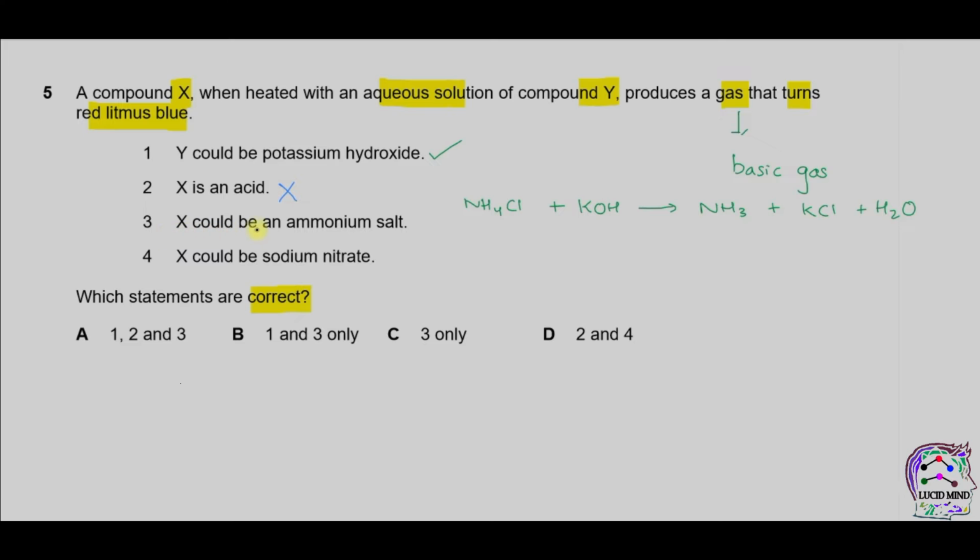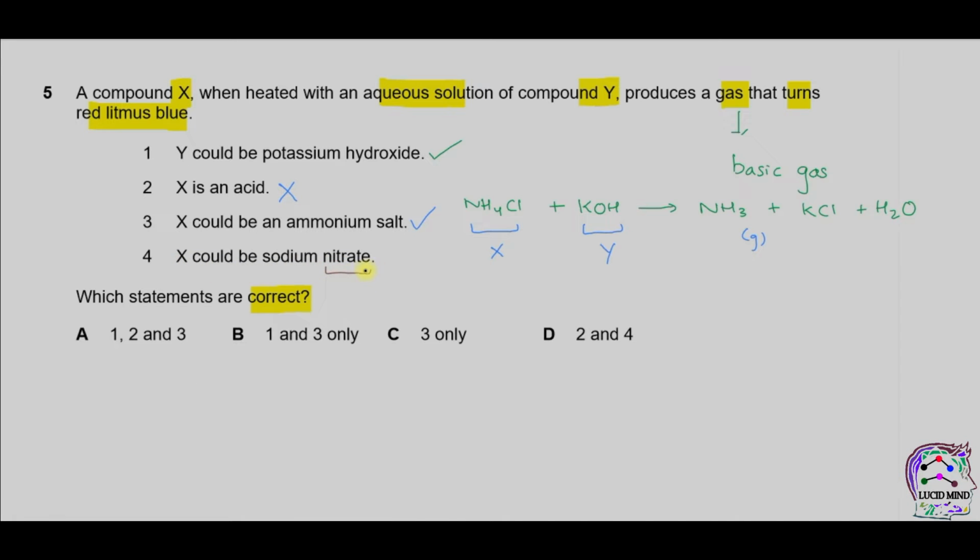Option 3, X could be an ammonium salt. We have already discussed this one, that X is a salt of ammonium and Y is an alkali, so therefore it will release ammonia gas. So option 3 could be correct. Option 4, X could be sodium nitrate.